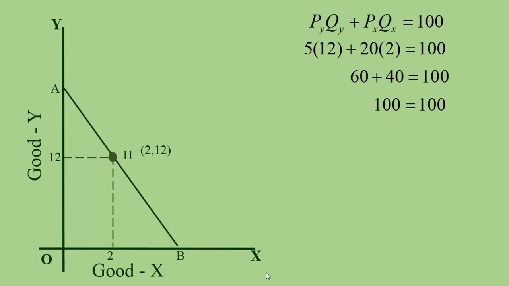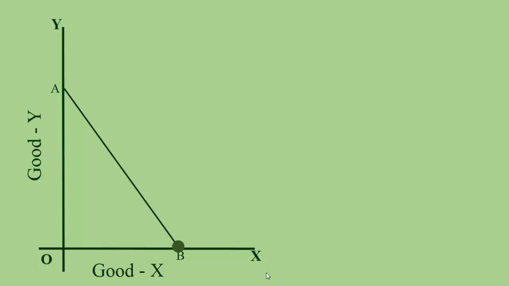He spends 60 rupees on good Y and 40 rupees on good X. Totally he spends 100 rupees. His income is also 100 rupees. That is why he always prefers a combination on the price line.